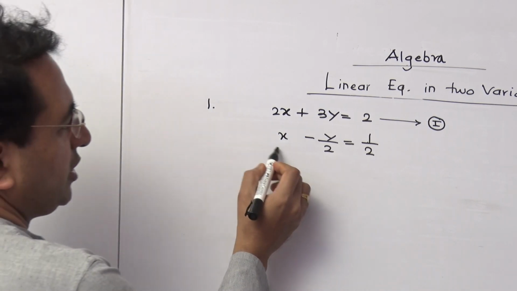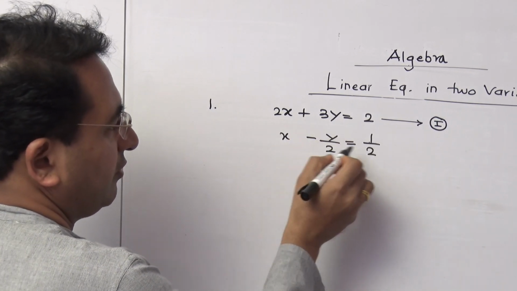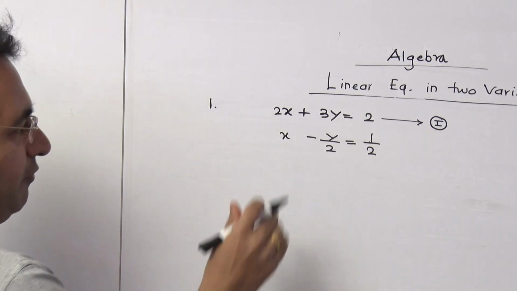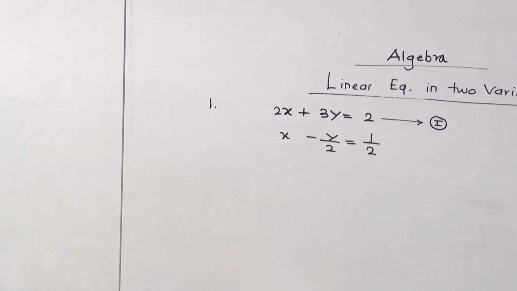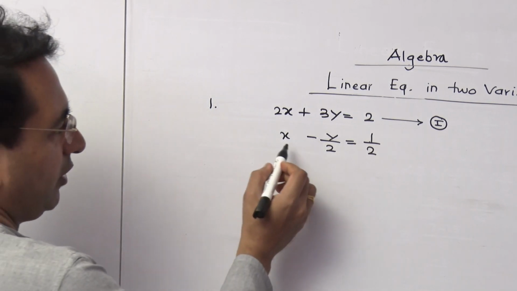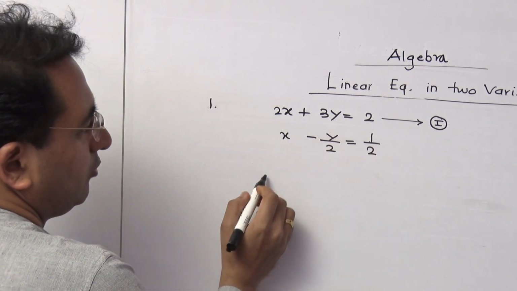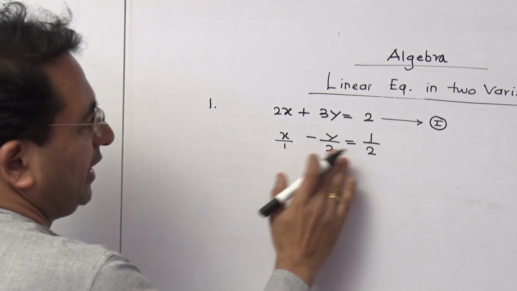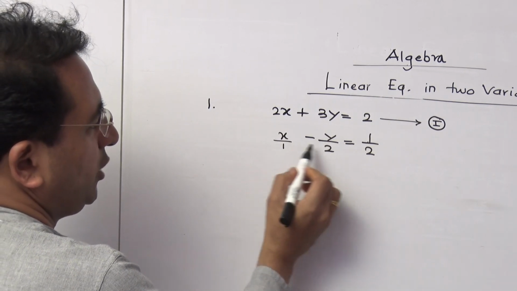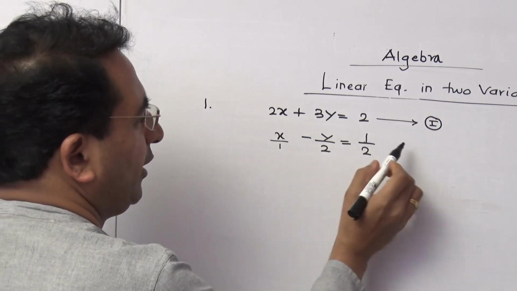But this equation is not in that form. It is having some fraction. Now if you solve it with the fraction, no problem. You will get the answer, but majority of the times we may go wrong in the calculation. That's why we avoid it. So I am writing upon 1 here. And as per my earlier explanation, that is 1, 2 and 2. So we will multiply throughout by 2.